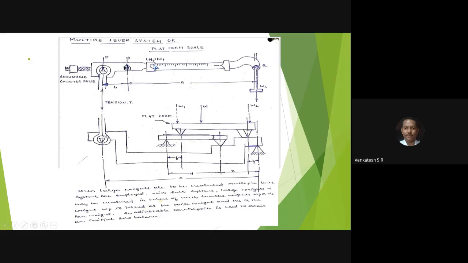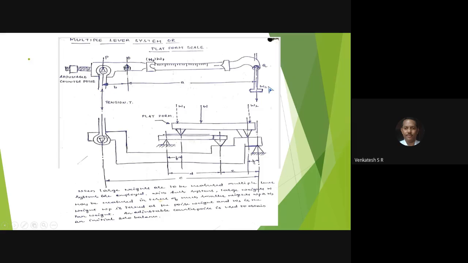That pointer indicates 1 kg. If the pointer moves to number 1 position, that indicates 1 kg. If the pointer moves to the 5th point, that indicates 5 kgs. That is the pointer. And WS, counterpoise.